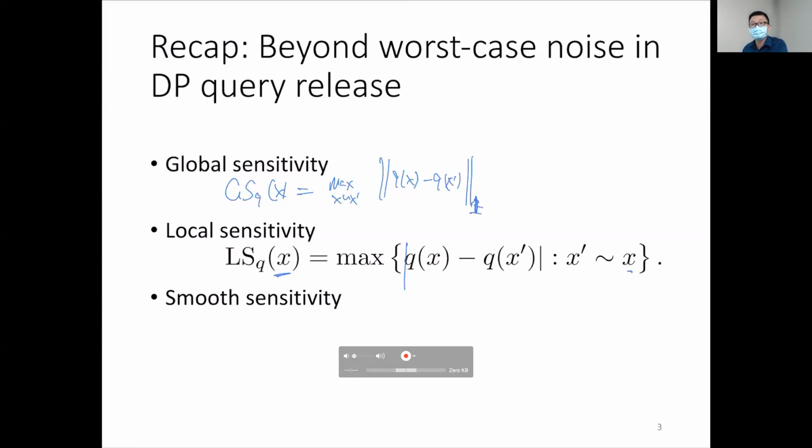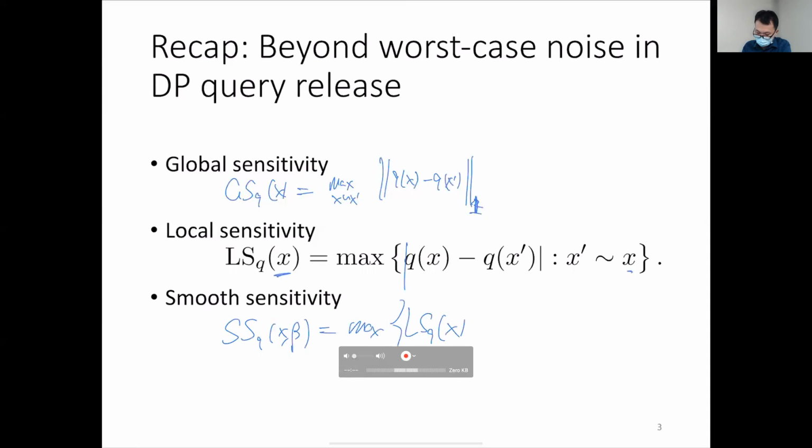So the magnitude of the noise itself will reveal sensitive information and allow an attacker to identify whether the data set is X or X prime. That is resolved by finding some kind of smooth upper bound of the local sensitivity of the following form. The smooth sensitivity with a parameter beta is an upper bound of the local sensitivity.